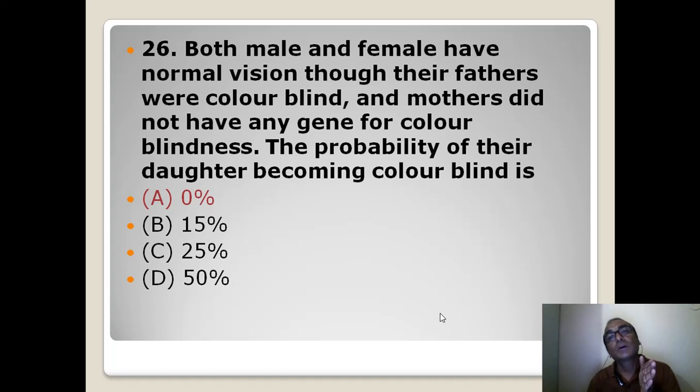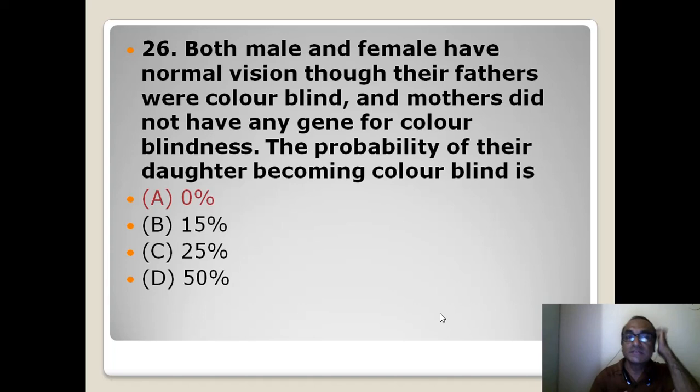So if any child gets color blindness, that will be the son born to these couples, not the daughter.